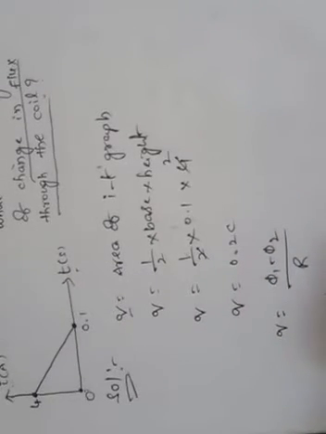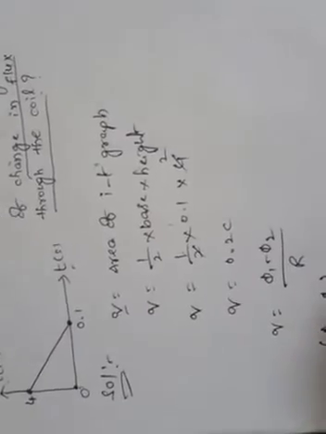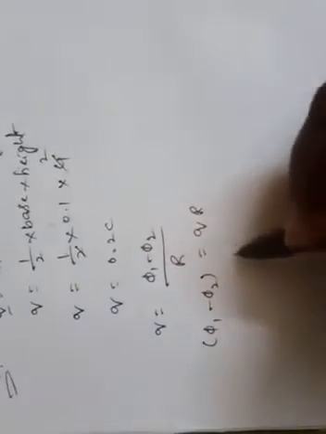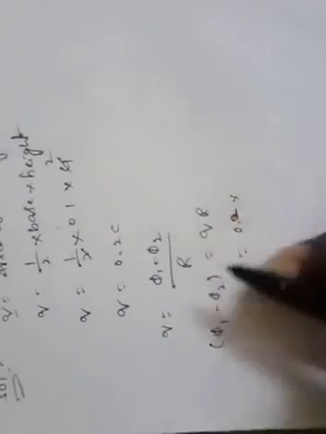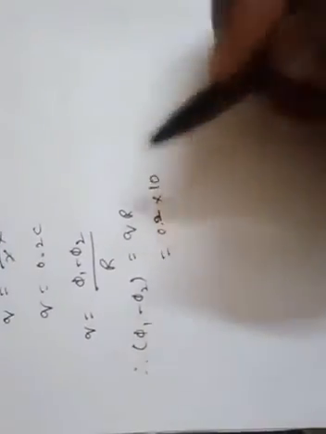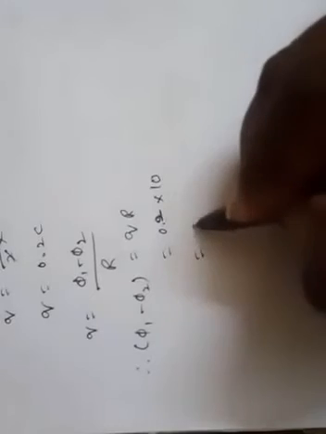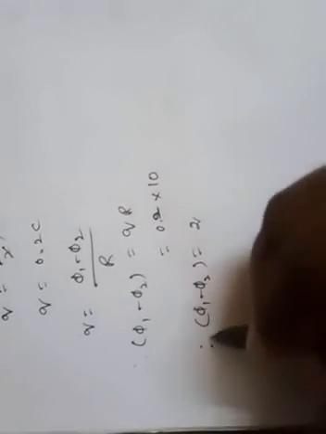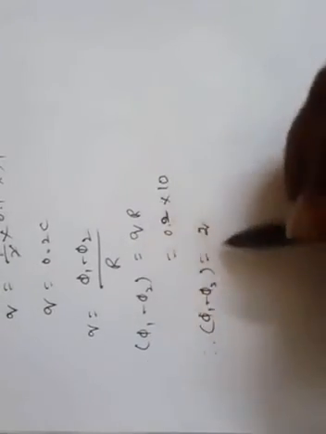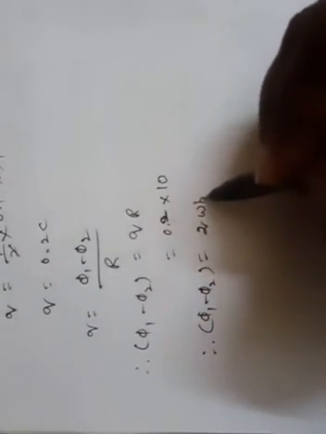So phi 1 minus phi 2 is equal to Q into R. How much is Q? 0.2. And how much resistance is given in the problem? Resistance is given as 10 ohm. So how much do we get? 2. This is the change in the flux. We have already seen the SI unit of flux: flux is measured in Weber.